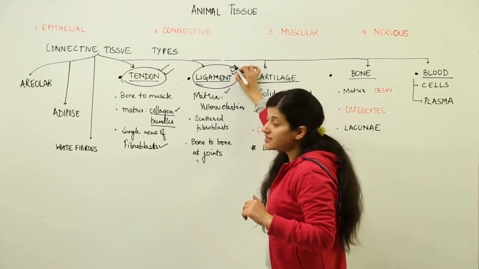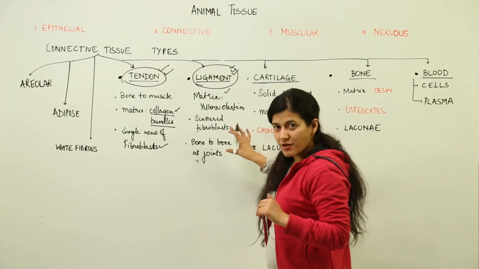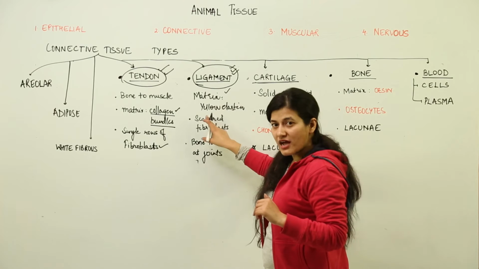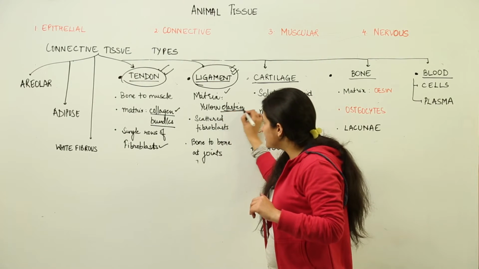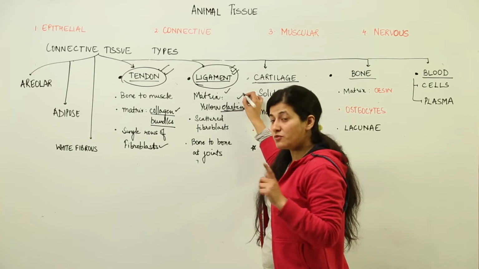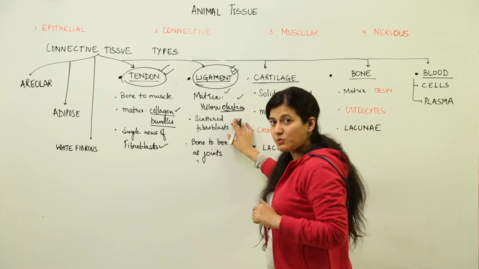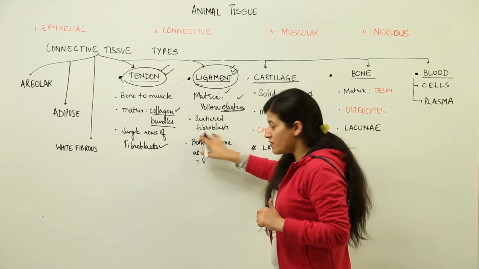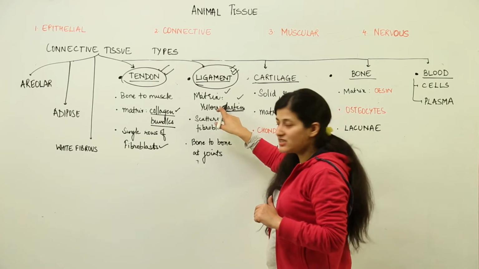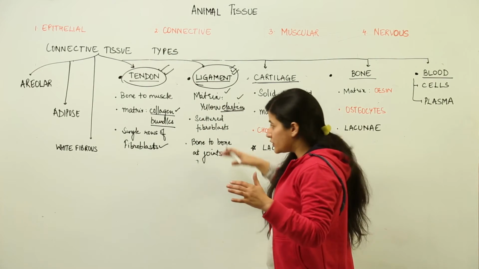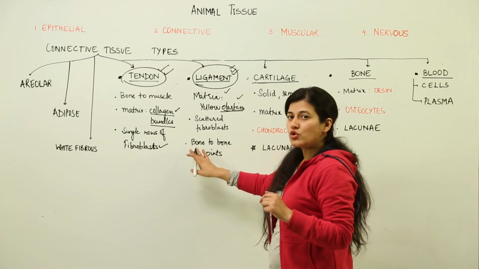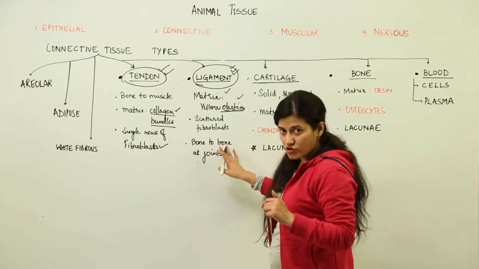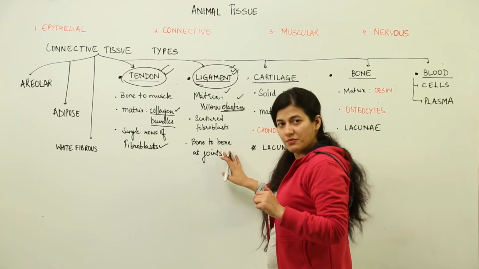As I am saying dense, that means the matrix would be fibrous yet again, but the fibers are elastic. In the name it is written elastin, that means these fibers are elastic. That means there would be a certain degree of elasticity which enables the movement. There would be fibroblasts which would be secreting these elastin fibers here and there, so there is irregularity. And what is the function? The function is joining bone to bone at the joint so that movement can be enabled.